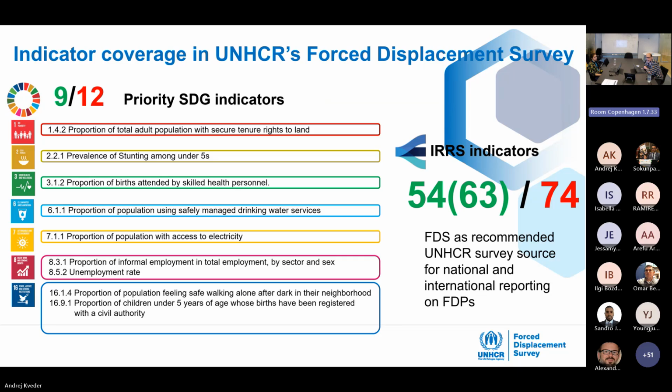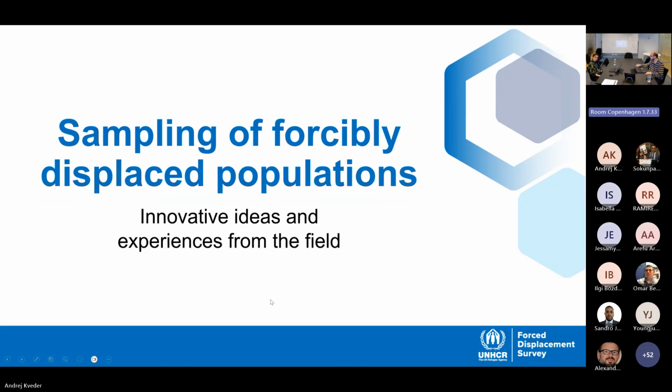It is also very highly aligned with the international recommendations for refugee statistics that are being produced by the EGRIS Secretariat, the expert group on refugee, IDP, and stateless statistics. And basically, we're covering the large majority of the 74 indicators that are featured in the standard.